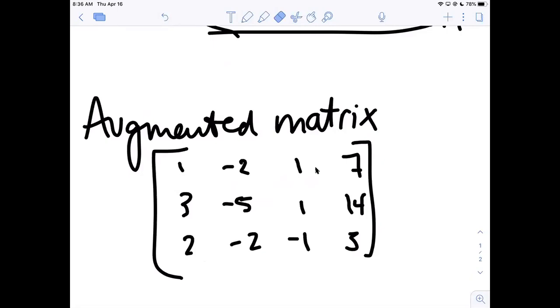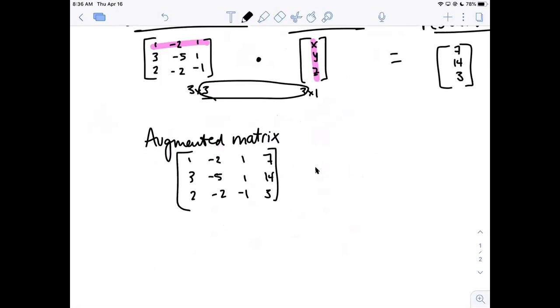The next thing is that I could ask you to find something in row echelon form or reduced row echelon form. So row echelon form, spelled like this, E-C-H-E-L-O-N. Row echelon form is a way to simplify your matrix.